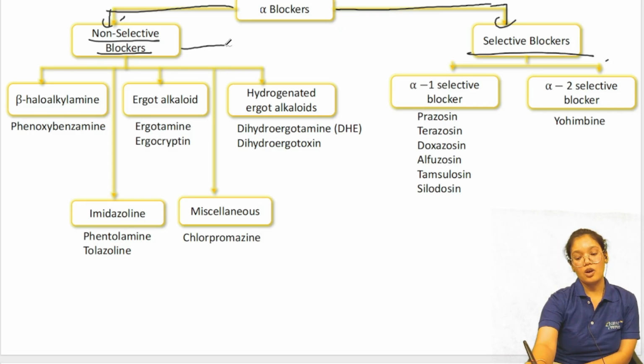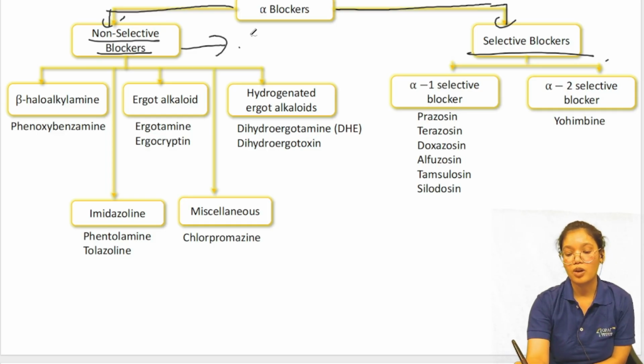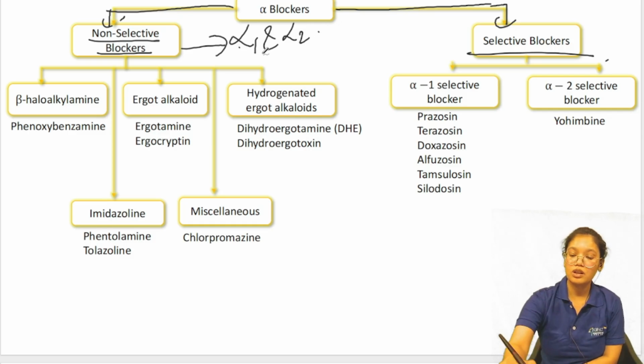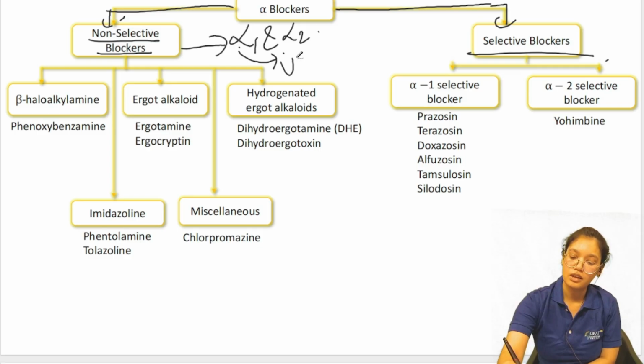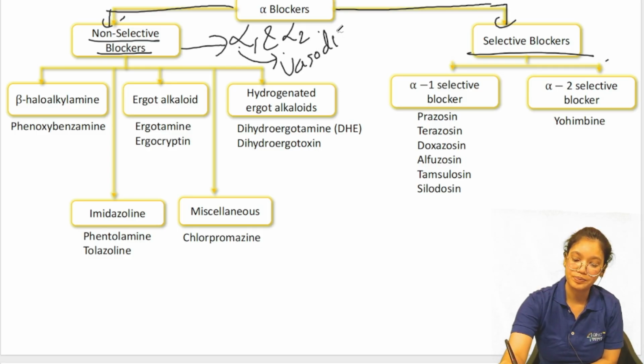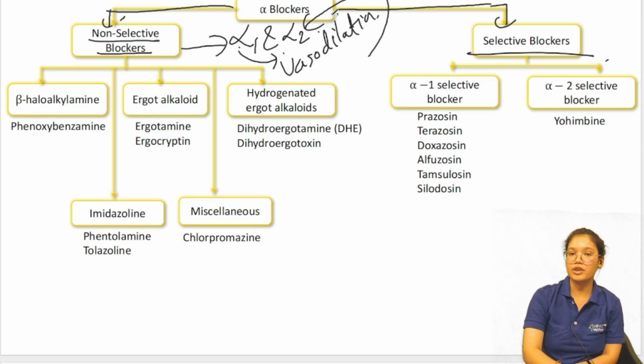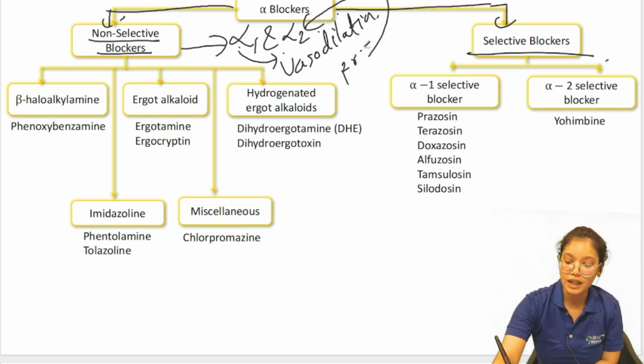The non-selective blockers act on both the alpha 1 receptor and the alpha 2 receptor. They block the alpha 1 receptor and cause the vasodilation effect, and they also block the alpha 2 receptors at the presynaptic neurons.